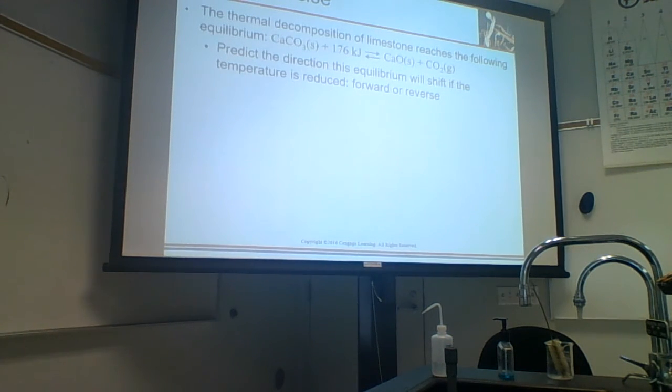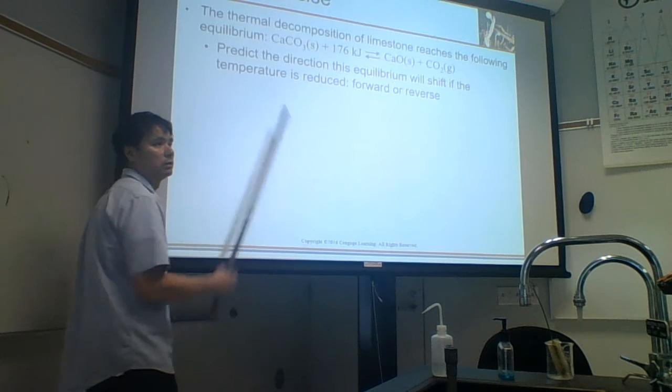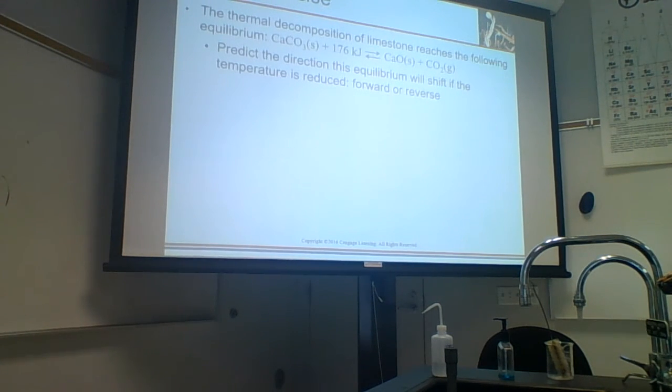Okay, predict the direction this equilibrium will shift if the temperature is reduced. So we lower the temperature, which way is it going to go? Left or right? Okay, if it goes left, then we're going reverse, right? So if we decrease the temperature, does it shift left or reverse?